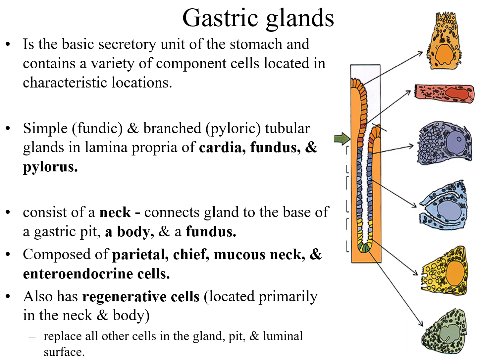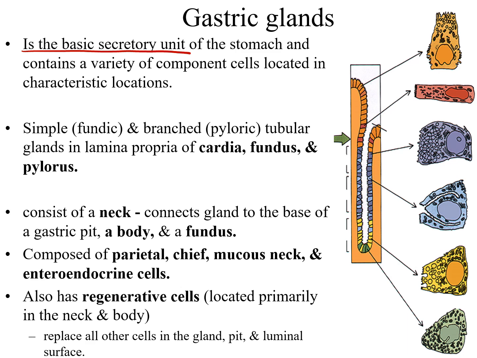The other important structure found in the stomach is the gastric gland, and usually these gastric glands are found at the area of the mucosal layer. And this gland is the basic secretory unit of the stomach. They're responsible for the secretions produced in the stomach.